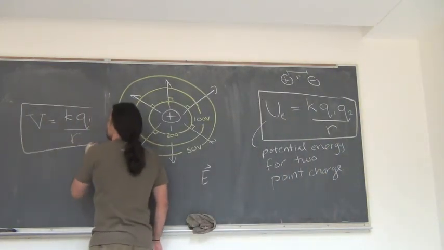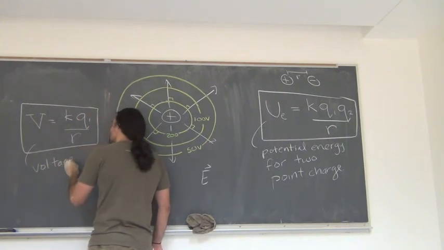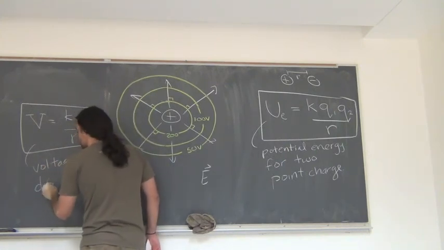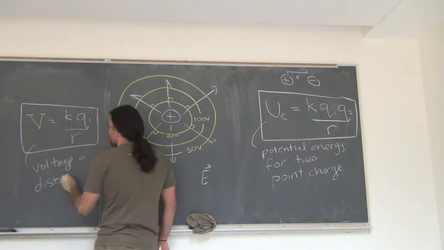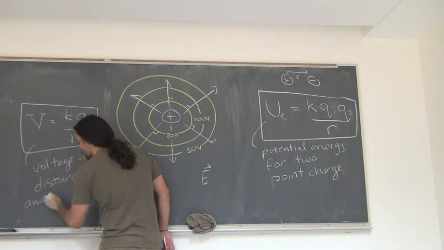So this would be the voltage or potential a distance r away from a point charge.